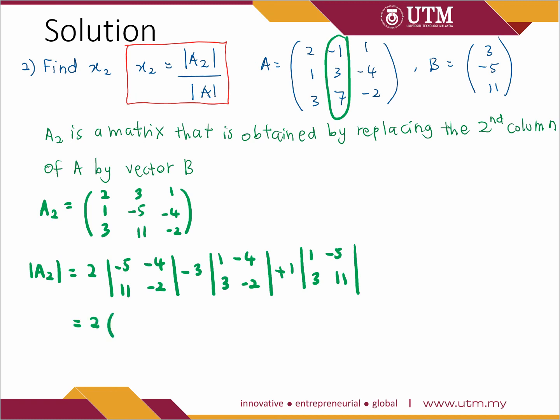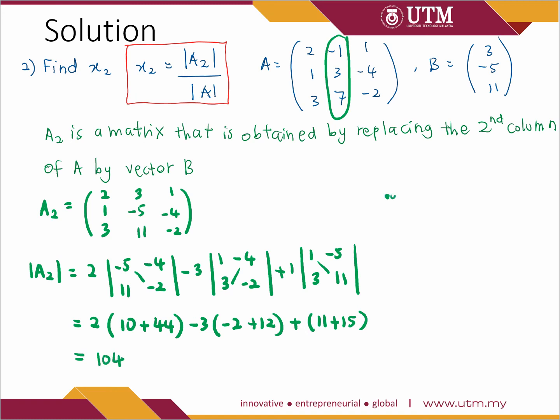So here we have 10 plus 44, minus 3 times negative 2 plus 12, and the last one will be 11 minus negative 15, so positive 15. So this will be equal to 104.